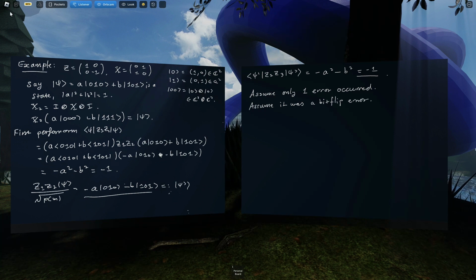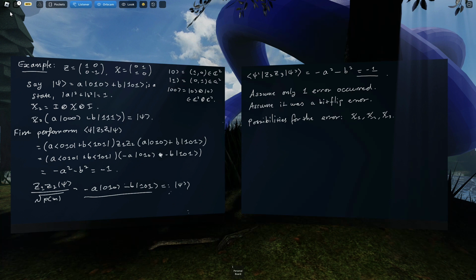And what I mean by bit flip error is it was x applied to one of the components inside the tensor product. So it was either x1 or x2 or x3, okay? So the possibilities are x1 or x2 or x3, okay?